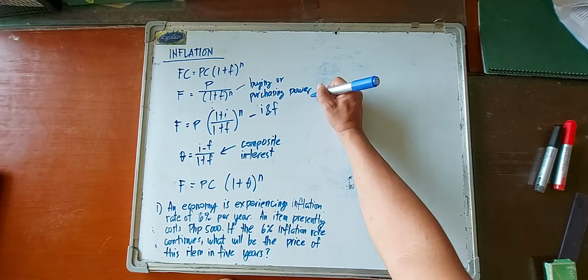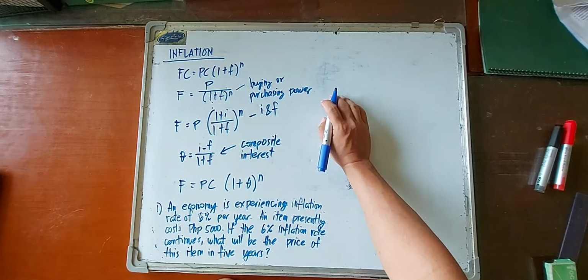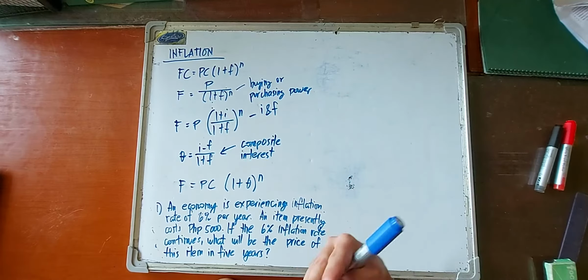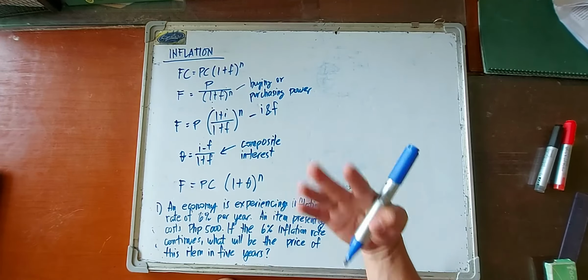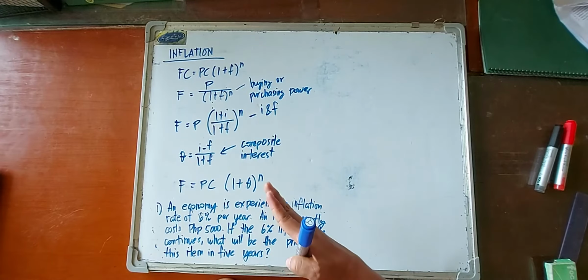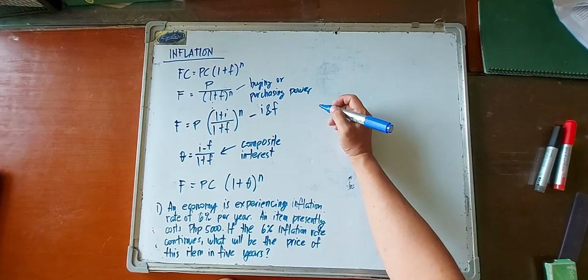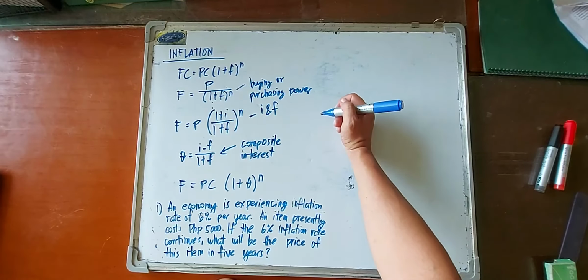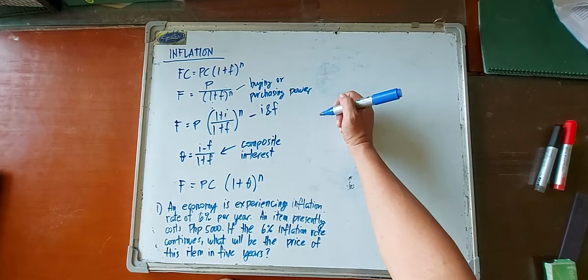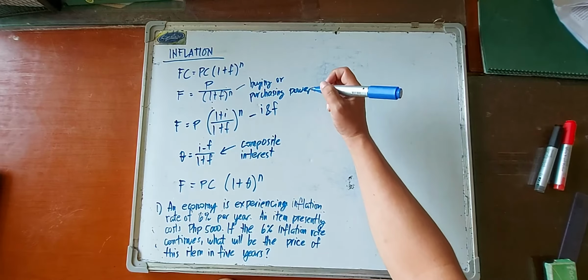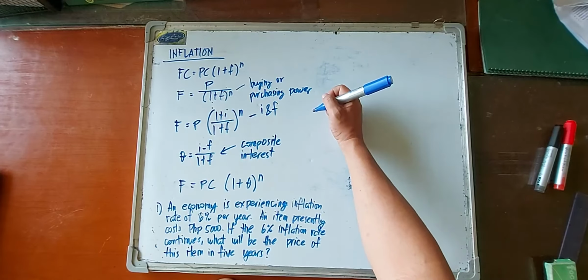So kapag nag-invest ka ng pera, you should always consider yung inflation rate. So you should compare yung rate of return, okay, yung kikitain ng pera mo every year, and then yung inflation rate. So dapat mas mataas yung kinikita ng pera mo every year compared sa inflation para ma-preserve yung value ng pera natin, no?